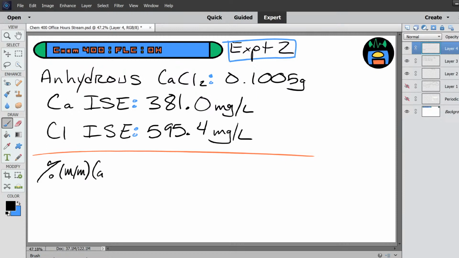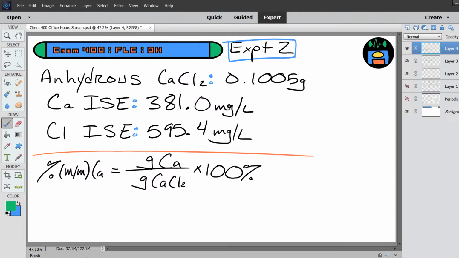All right, percent by mass for calcium is equal to the mass of calcium, right? The grams of just calcium divided by the grams of calcium chloride times 100%.